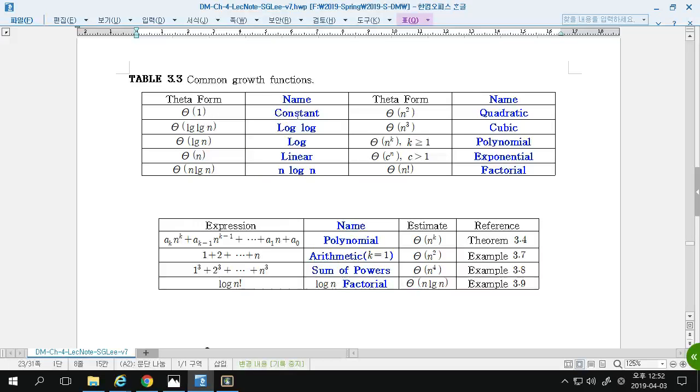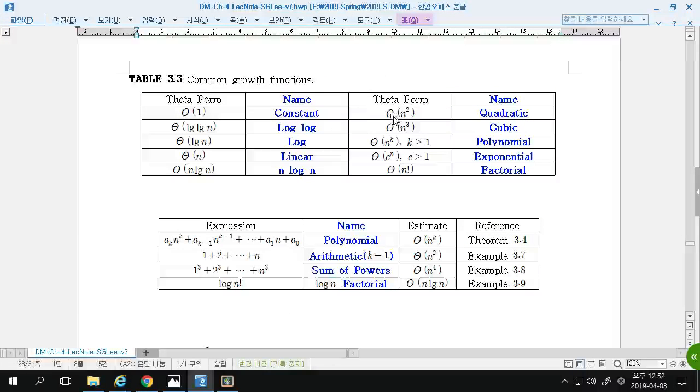Theta of 1 is a constant, theta of n is a linear function, theta of n squared is a quadratic function, theta of n cubed is a cubic, and a polynomial of degree k is an upper bound of the polynomial of degree k, and exponentials and factorials.